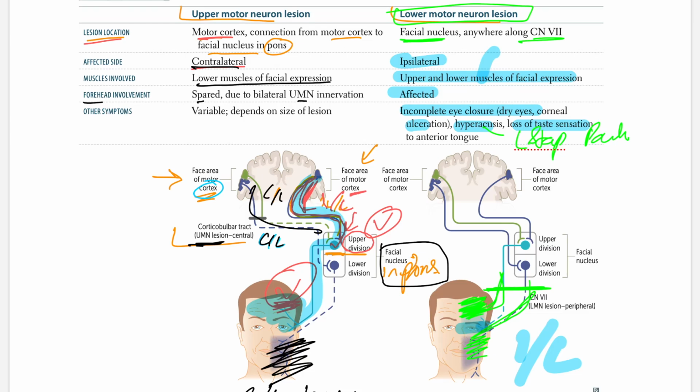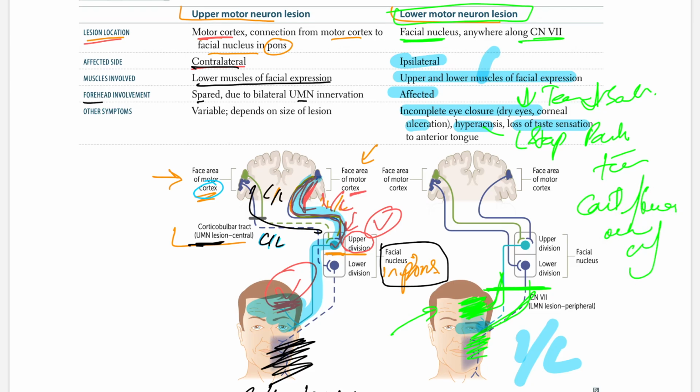So the patient will not be able to tolerate any sound. Okay. Dry eyes because there is a decrease in tearing, decrease in salivation. Okay. And these patients will not be able to frown on the affected side, meaning on the ipsilateral side.